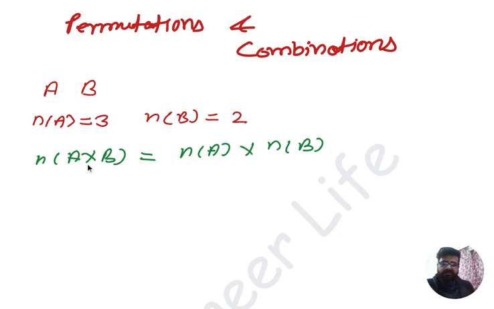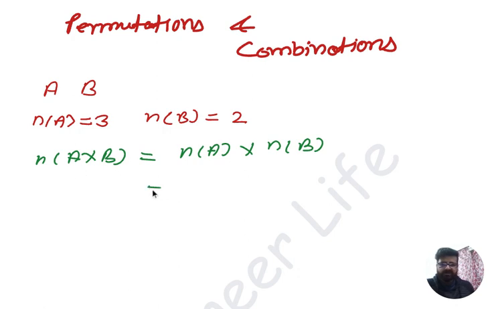I will remind you, the set A cross B was a set which contains all the elements, and the elements were the pairs which can be made from the elements of A and B. First we make the pairs from the elements of set A and set B, and then we write them down as elements of this set.